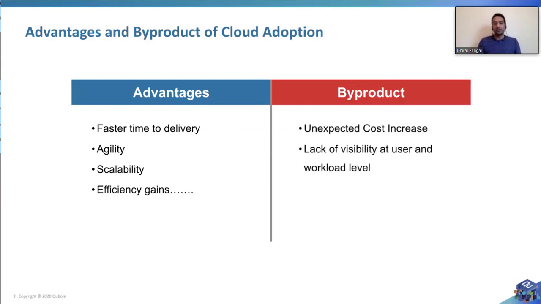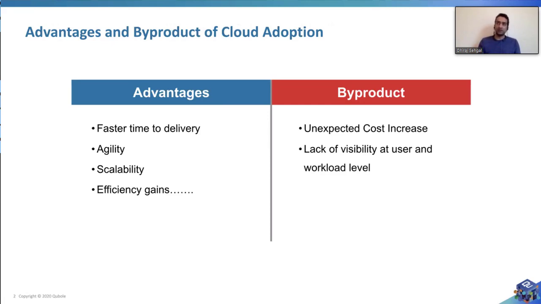So before we go there, what we have seen in the market over the time now is that cloud is omnipresent. For any type of new project you kick in, you are always using cloud services. It can be from AWS, it can be from Google, or it can be from Azure. With cloud, the advantage which has been seen over the time is faster time to delivery because it's a pay-as-you-go model.